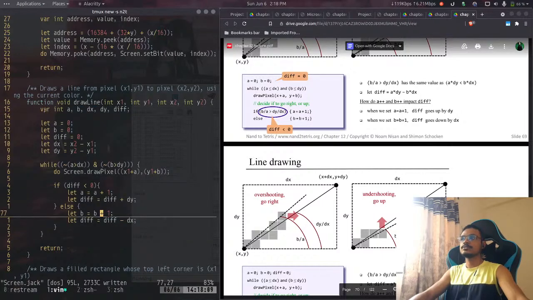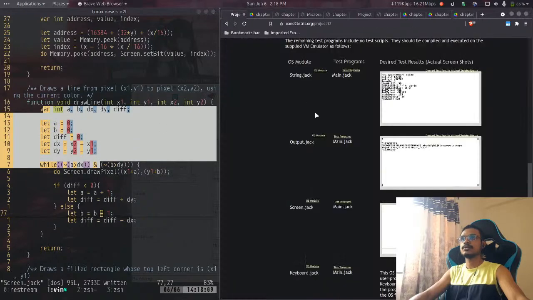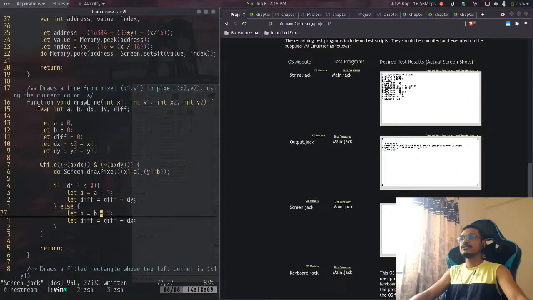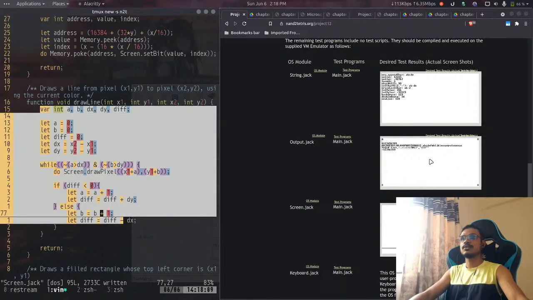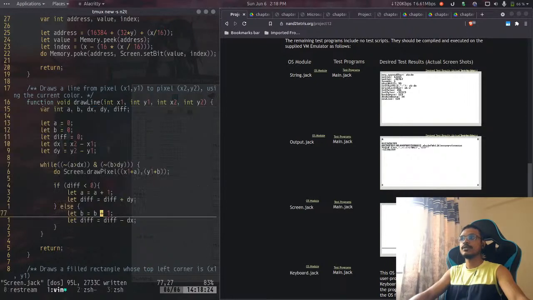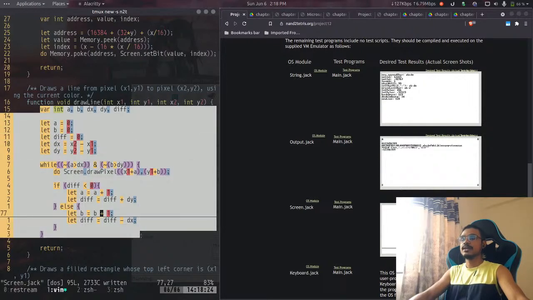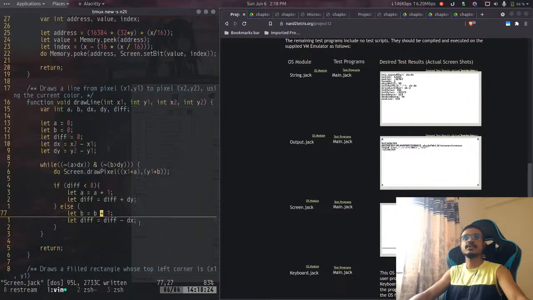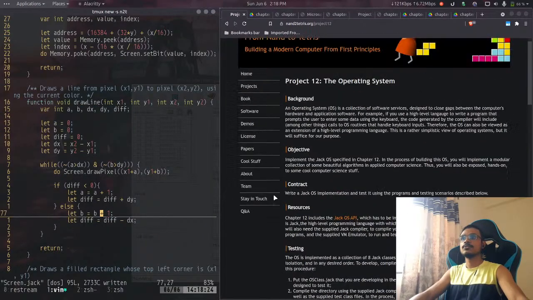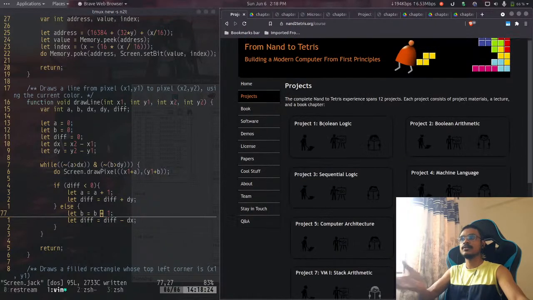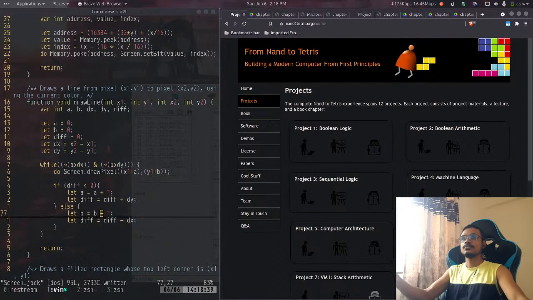And the language I'm coding in is called Jack, which is somewhat similar to Java. All of this is part of this course, even the language that I'm using. We had to design the compiler for this language by ourselves. So everything has been coded from scratch, right from Nand gates, Boolean logic, and everything from first principles.